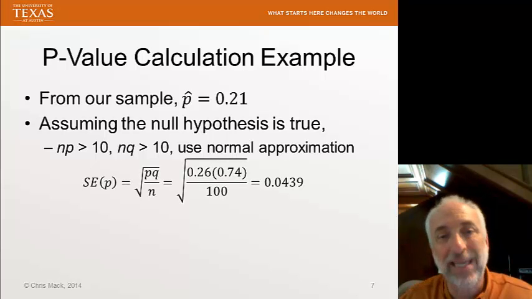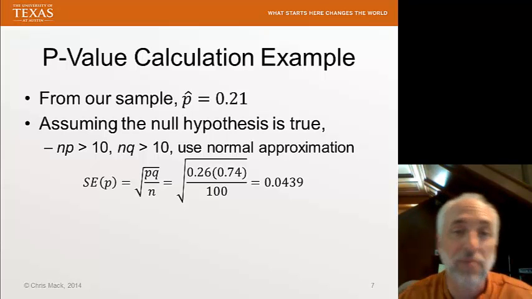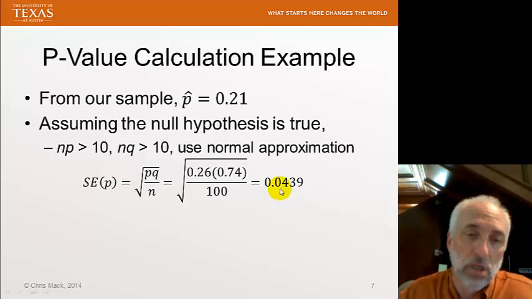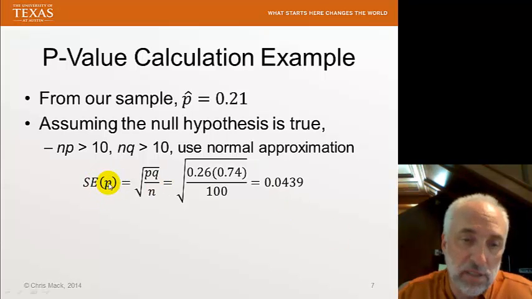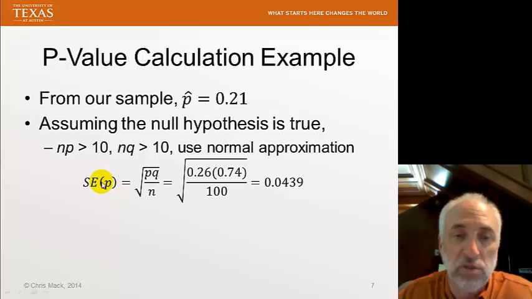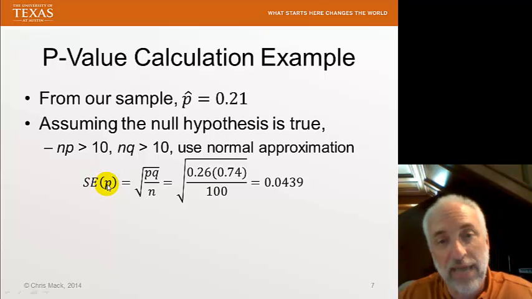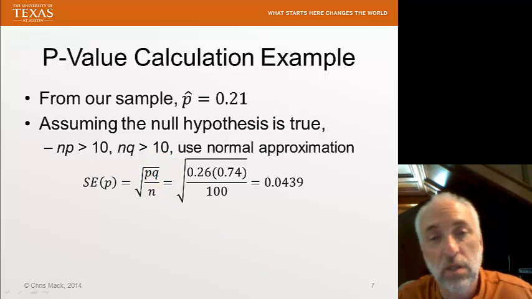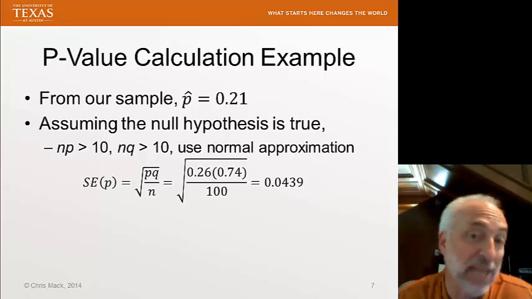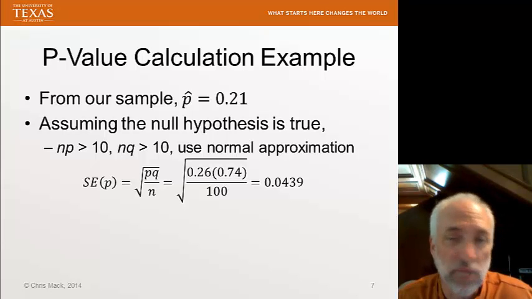Then we'll calculate the standard error of the proportion, assuming the null hypothesis is true. The null hypothesis gives a p of 0.26. The standard error, as we saw in our last lecture, for a proportion is the square root of p times q over n. P is 0.26, q is 1 minus 0.26, or 0.74, n is 100.